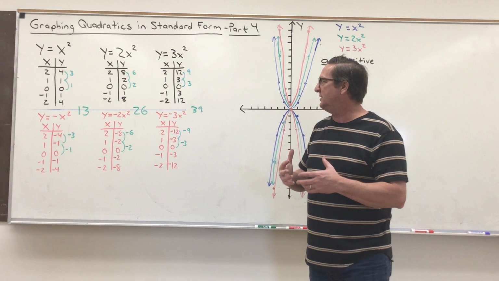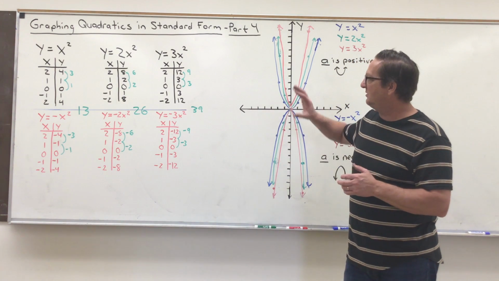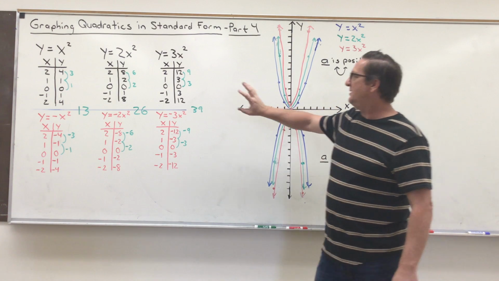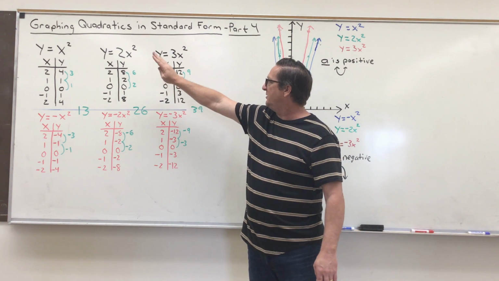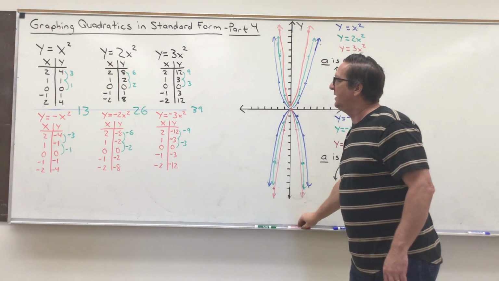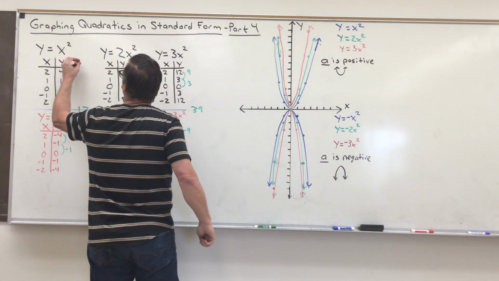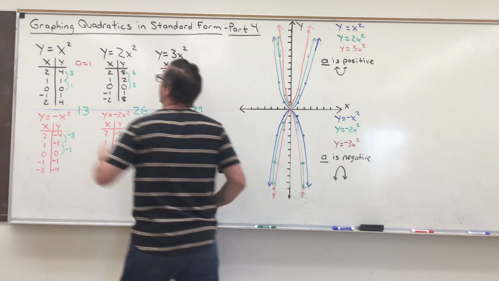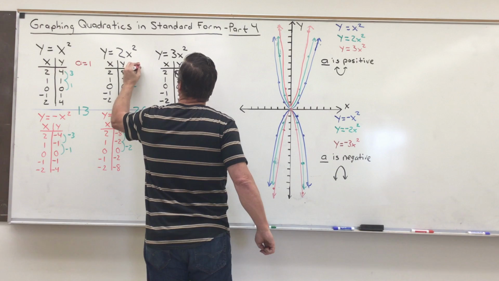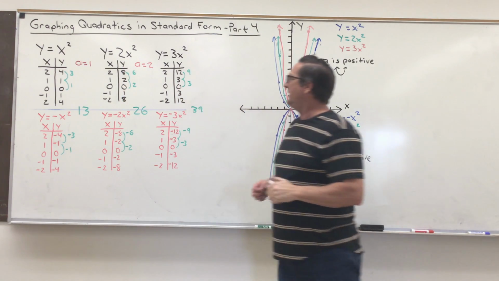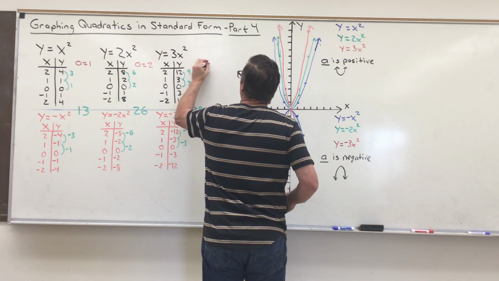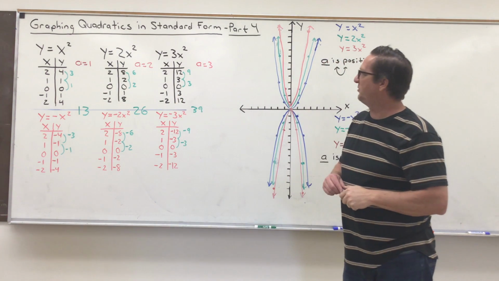But what I wanted you to do today is look at this particular example that I have right here. What I did is I set up y equals x squared, y equals 2x squared, and y equals 3x squared. Here is when a equals 1, when a equals 2, and a equals 3.